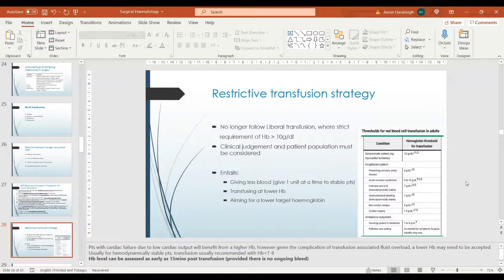For cardiac surgery, transfuse at 7.5. For the ambulatory outpatient, for example, the oncology patient receiving treatment, transfuse around 7 to 8. And in the palliative care setting, then you can transfuse as needed for the purpose of palliating symptoms.